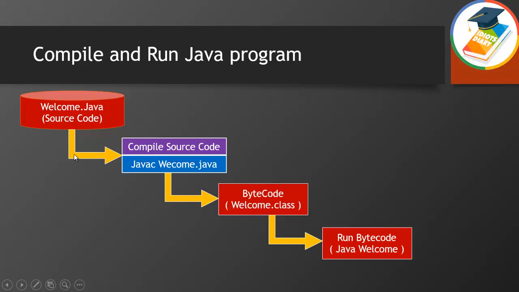After that we invoke the Java compiler and give the program name by using this command, javac welcome.java, and if our program is successfully compiled, then a bytecode is generated named welcome.class, and this bytecode is executed by the JVM that produces your output. In this way your Java program does not work with the operating system directly. It works only with the help of the JVM.